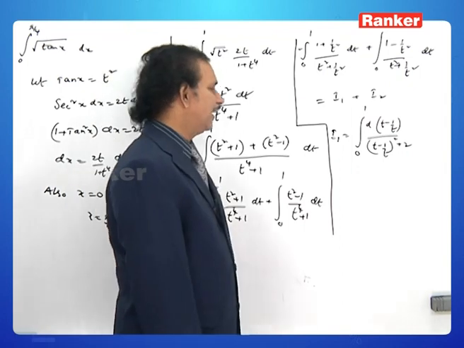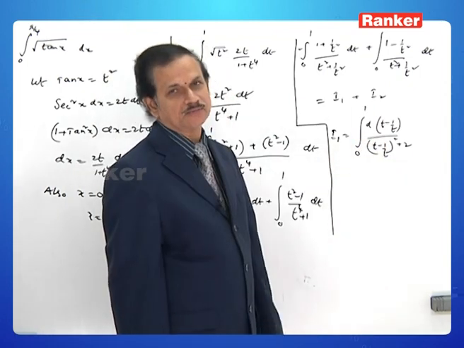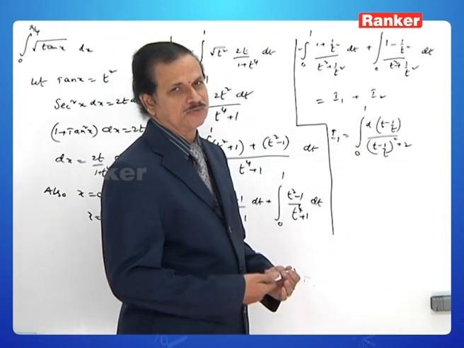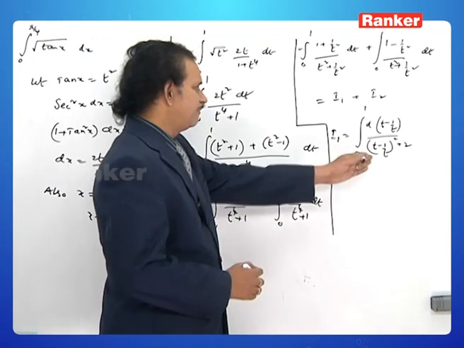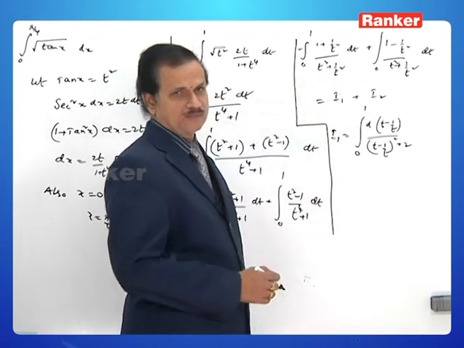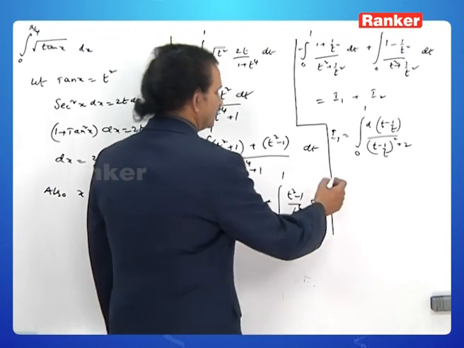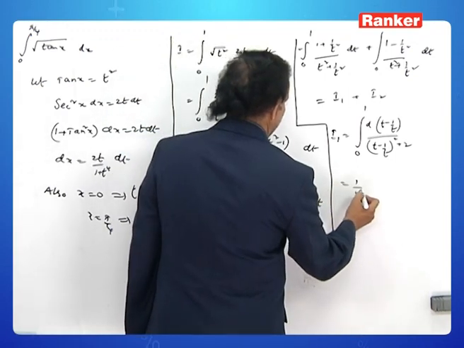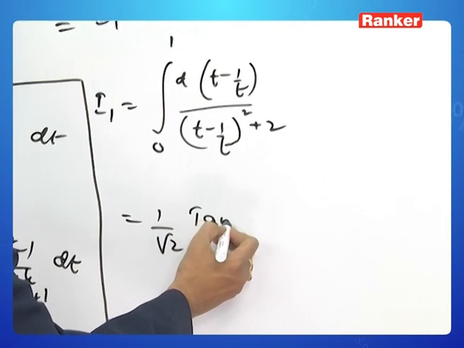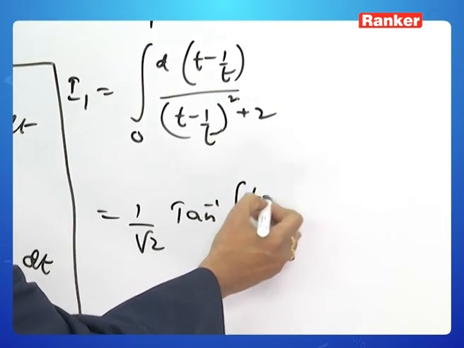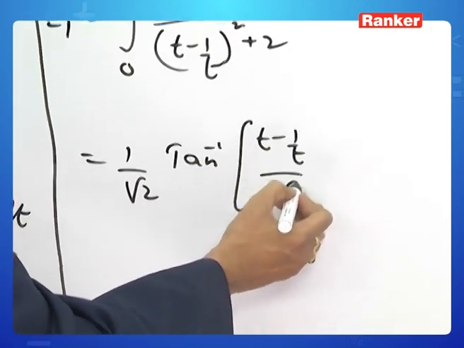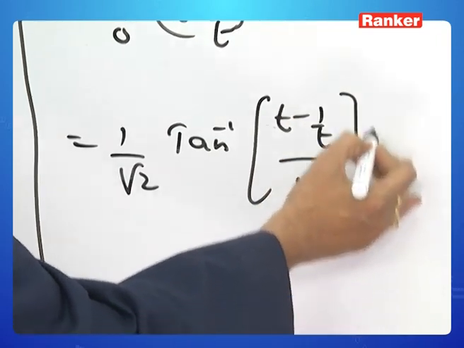So, this looks like 1 by x square plus a square. What is the integral of 1 by x square plus a square? This is the derivative of this, 1 plus 1 by t square, isn't it? So, it is 1 by root 2 tan inverse of t minus 1 by t by root 2 between the limits 0 to 1.